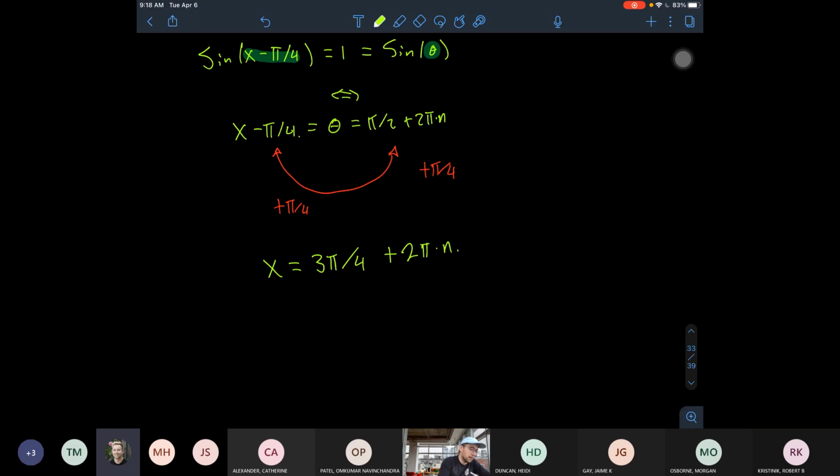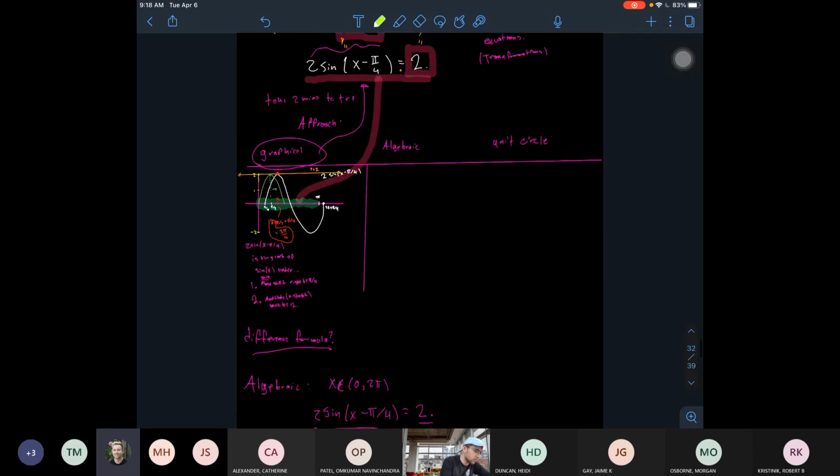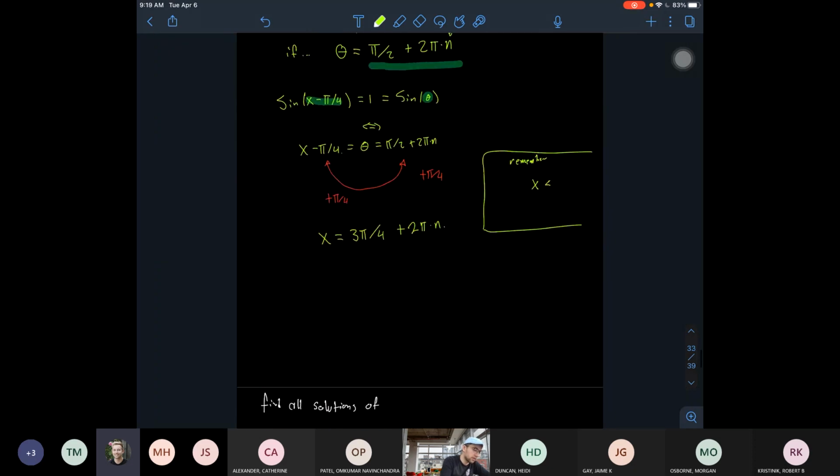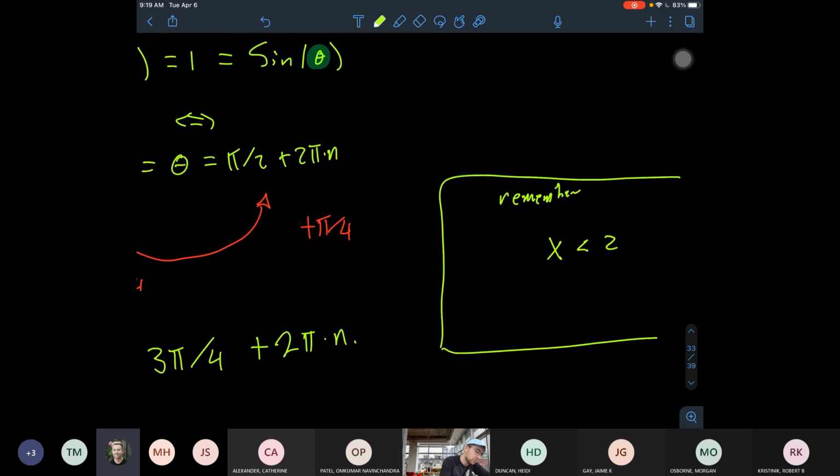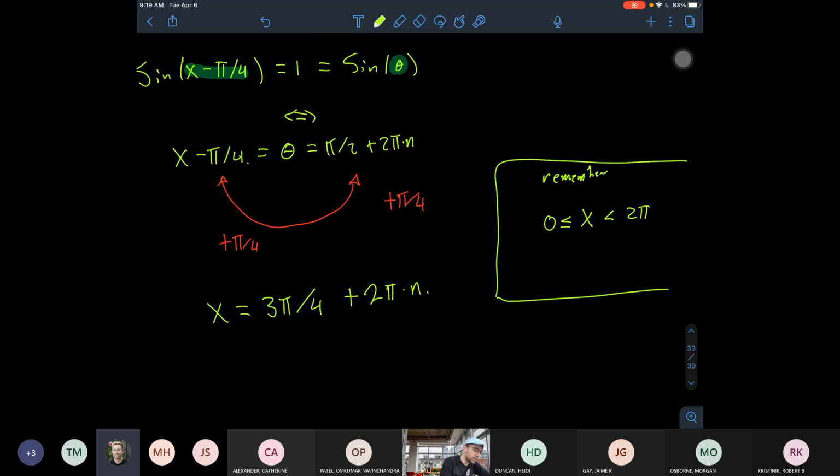Okay. Now we need to finally satisfy the criterion. Remember, we required that x should be less than 2 pi and larger than or equal to 0. So we should consider, well, what numbers n could we plug into x such that this criterion would be satisfied? Well, we can try 0, then we get 3 pi over 4 is definitely between 0 and 2 pi.